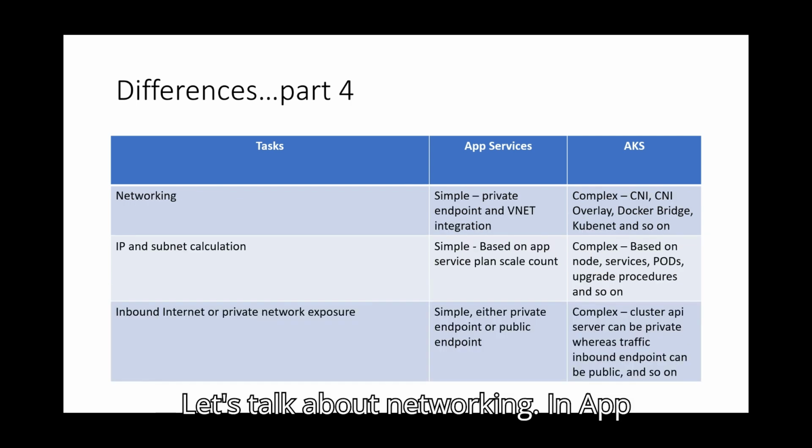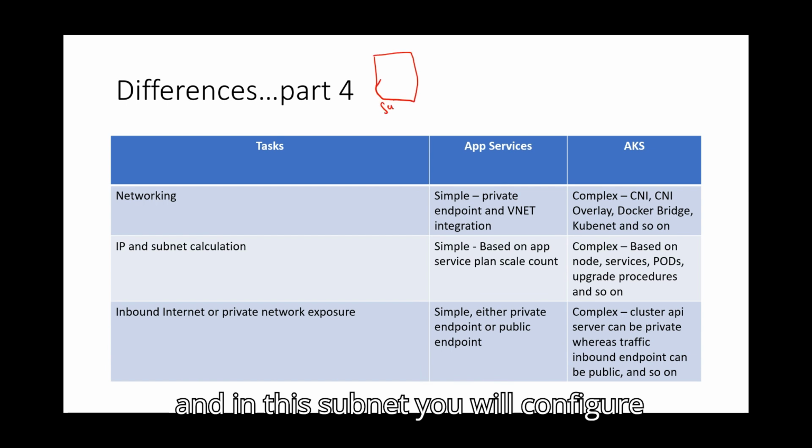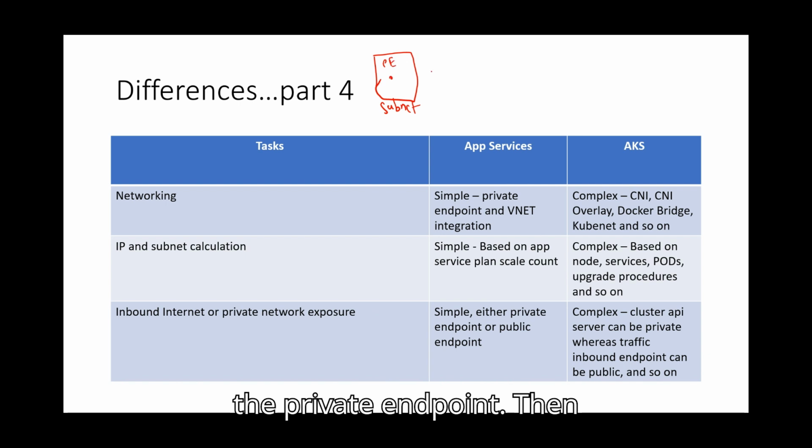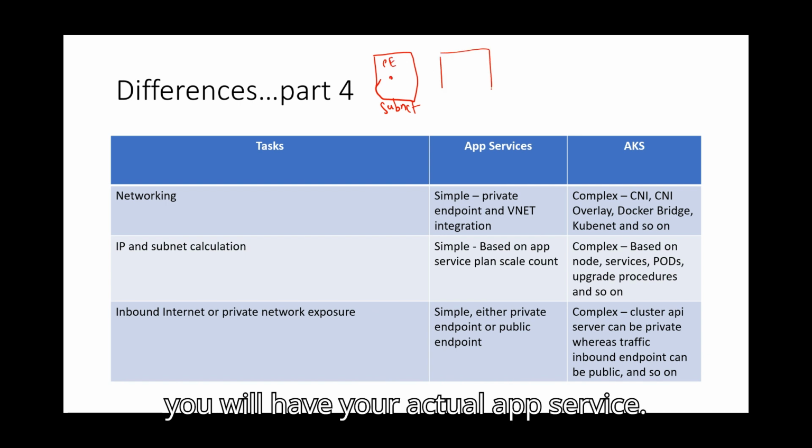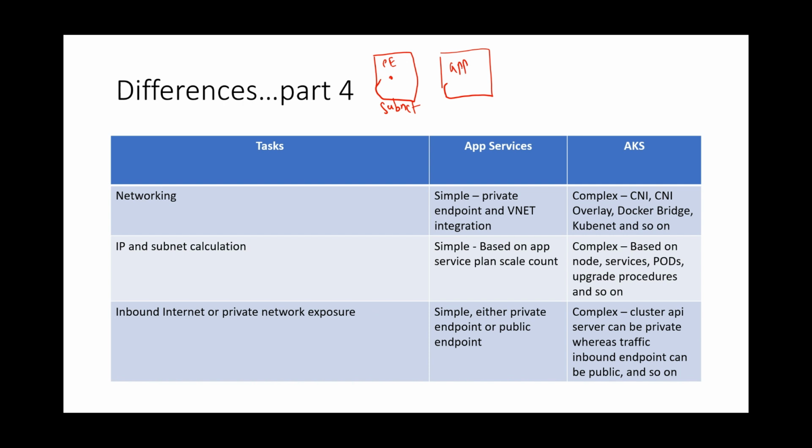Let's talk about networking. In app services, network configuration is simple. So you need a subnet, and in this subnet you will configure the private endpoint. Then you will have your actual app service.